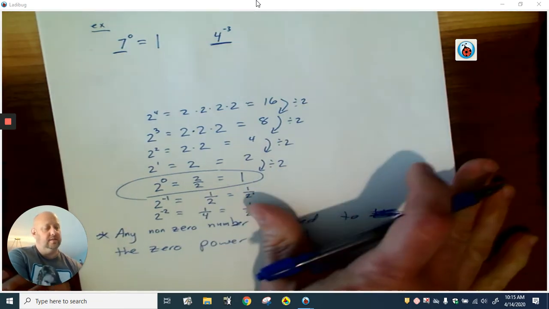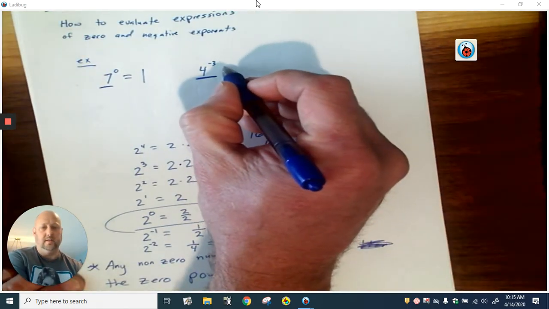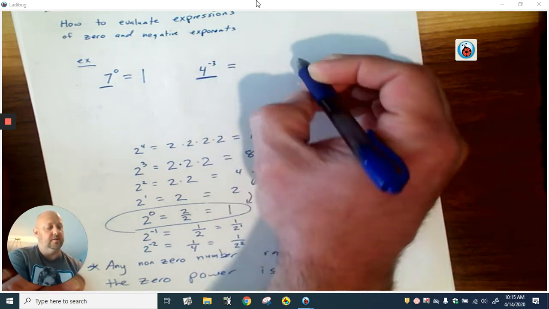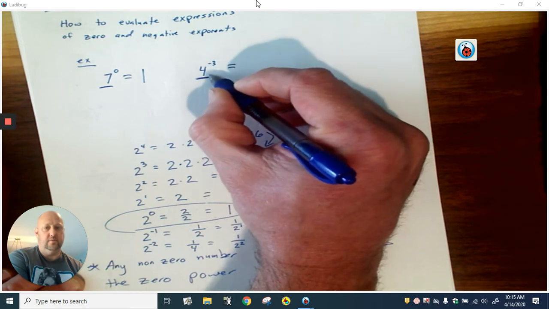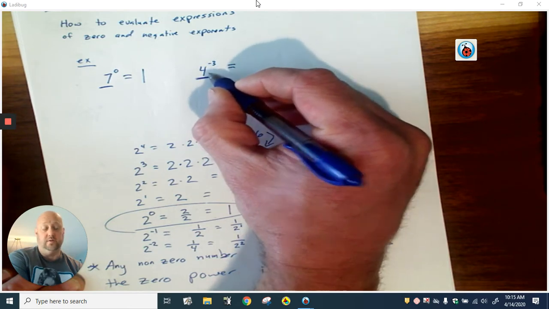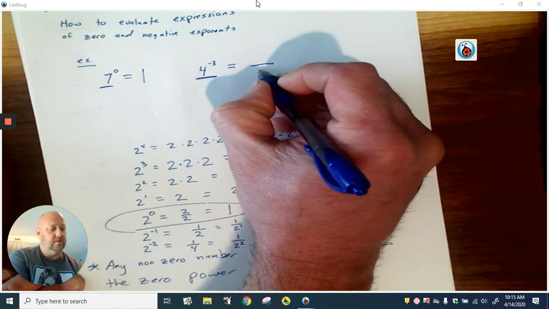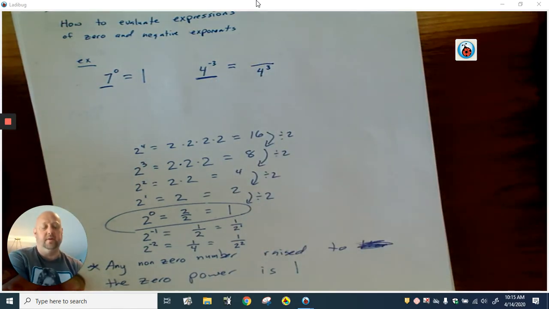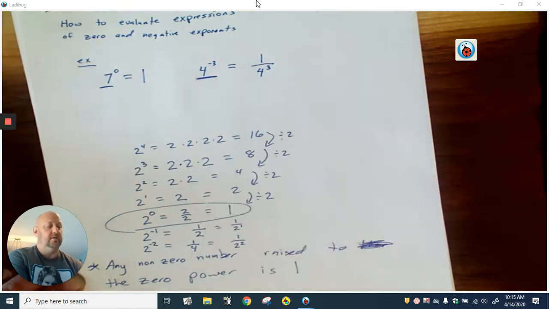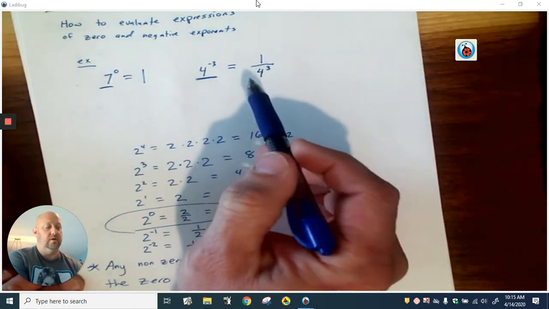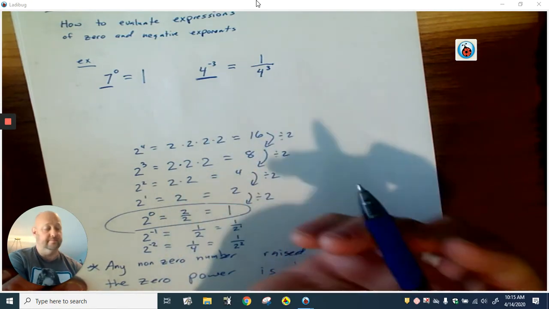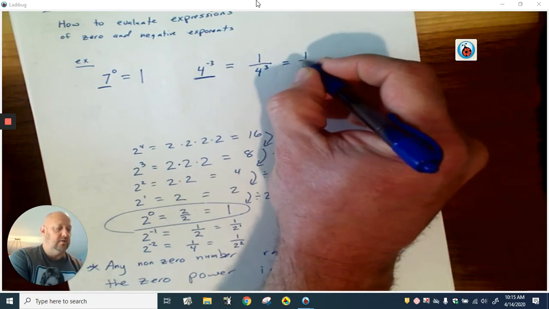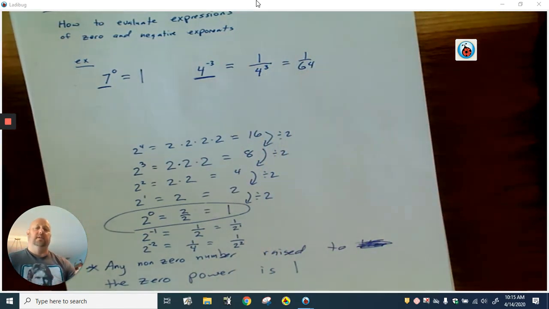So basically, with 4 to the negative third power, if you see a negative exponent, all that means is that we have 3 4s, and those just go to the denominator, and that negative 3 turns into a positive 3. So the answer is actually 1 over 4 times 4 times 4, or 1 over 64. So it just basically becomes a very small number.